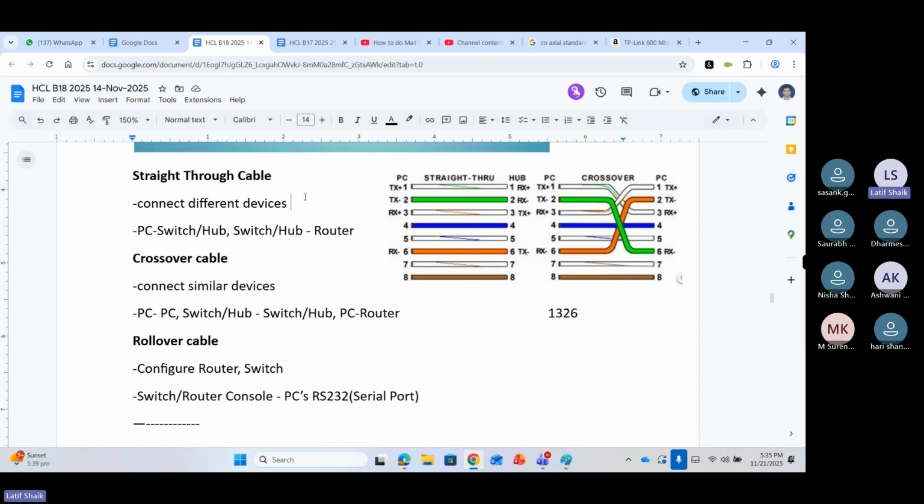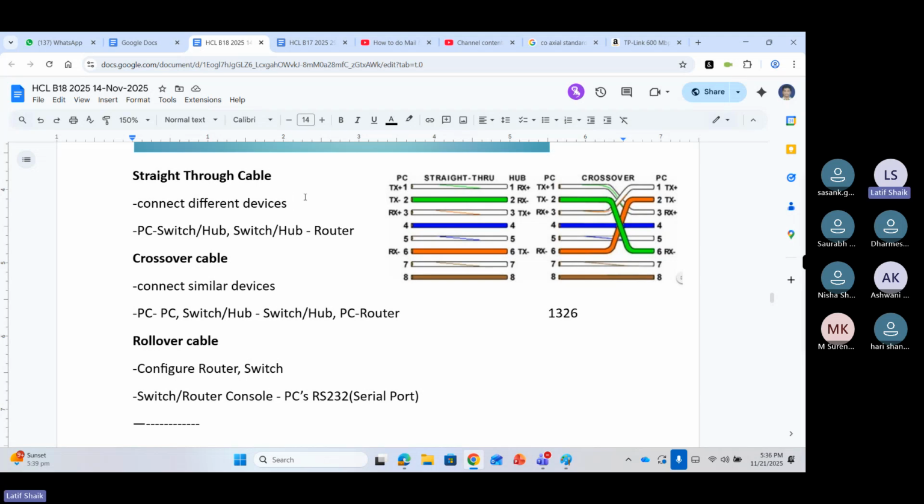What's the difference between straight and cross cables? In a straight cable, simply to say, both ends of the cable have an RJ45 connector. The pin configuration: what colors you put on one side of the cable in your RJ45 pins, first pin, second pin, third pin, the same colors you should follow on the other end of the cable.